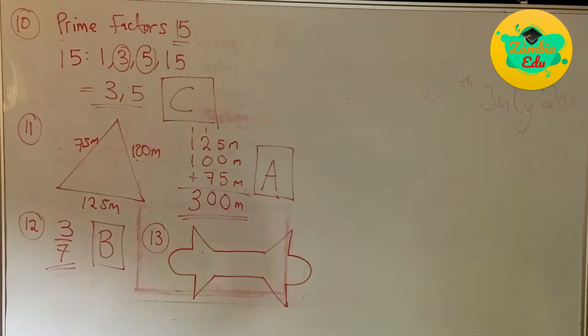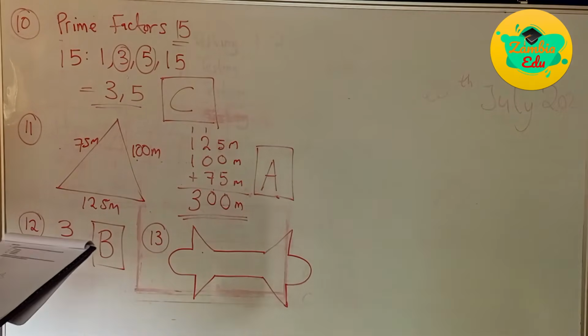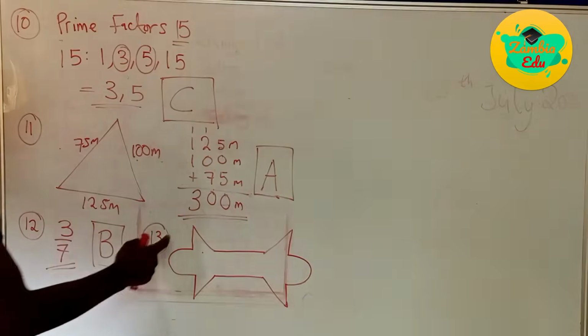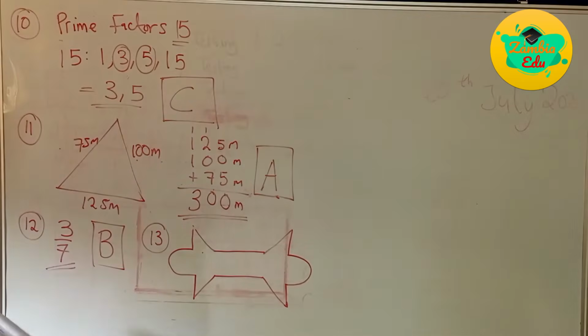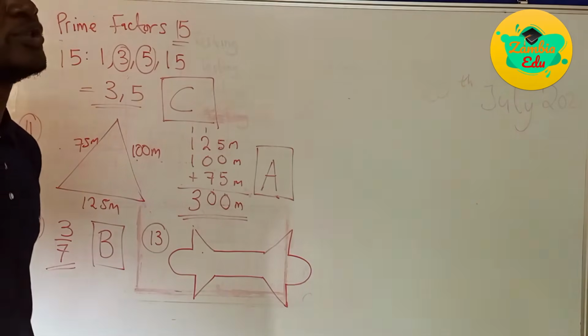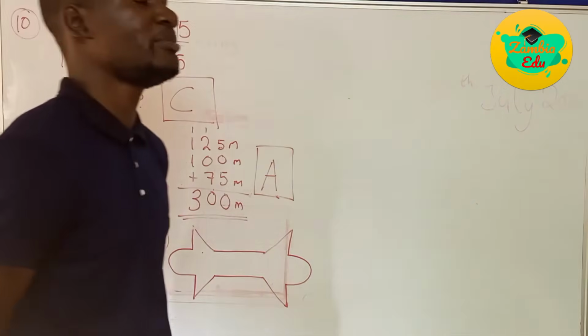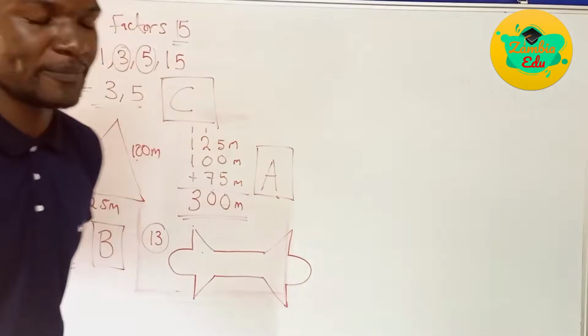The question says, look at the shape below. So this is the shape that we are looking at. Look at the shape below and answer the question: how many lines of symmetry has the shape? When we talk about lines of symmetry, what do we exactly mean?